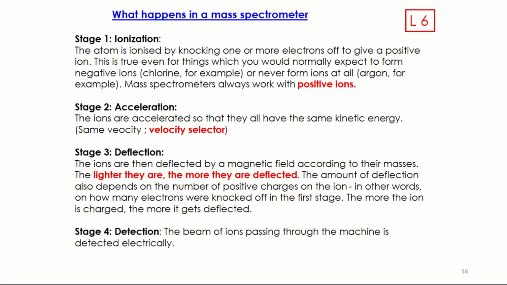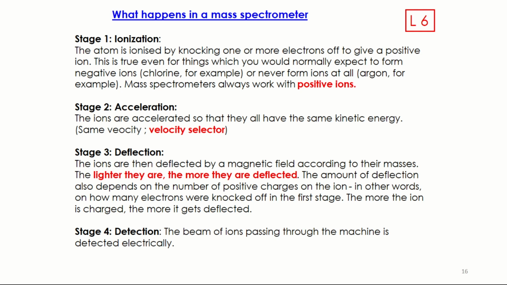So what happens in a mass spectrometer? Stage 1, ionization. The atom is ionized by knocking one or more electrons off to give a positive ion. This is true even for things which you would normally expect to form negative ions, chlorine for example, or things that never form ions at all, argon for example.